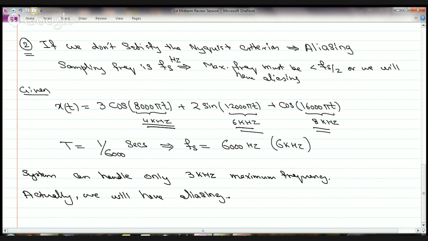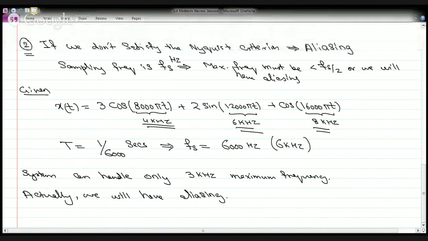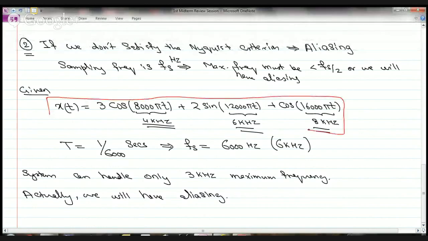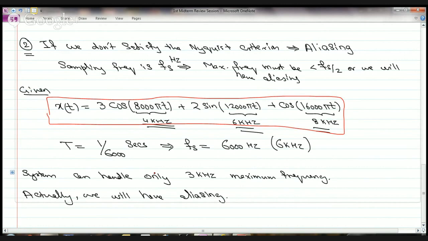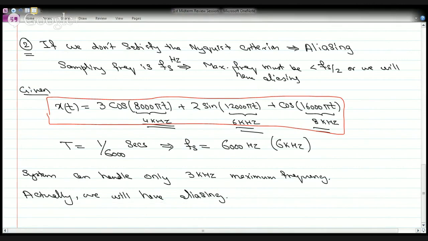Now, to figure out what aliasing is doing to our system, we of course have a general understanding of where different frequencies are going to be mapped. This is my input signal. And we have a general sense of where our input frequencies are going to be mapped. There are many ways of doing this problem. You can either solve it using the aliasing plot that we showed you in the class.